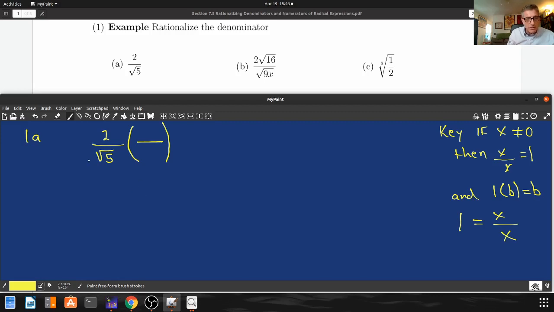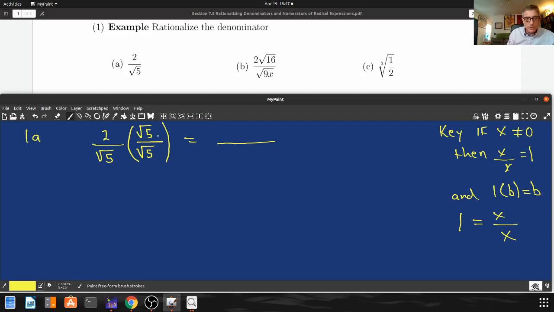So how do I choose x? I look at the radical that is in the denominator, and I use that as my value of x in the numerator and in the denominator. Our result is basically multiplication of fractions.